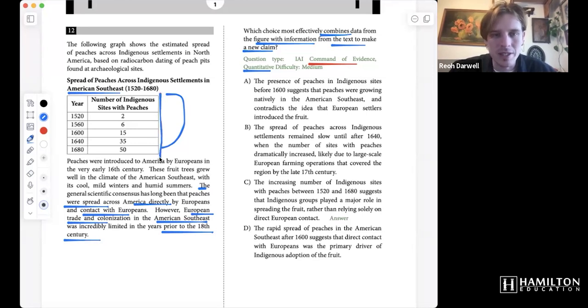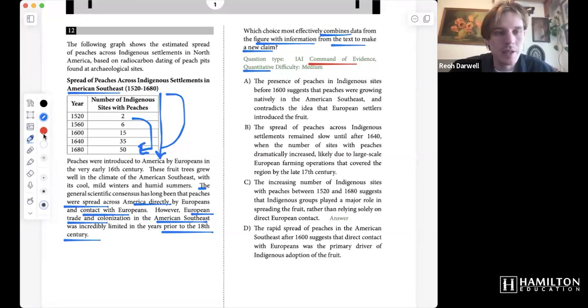When we look at the spread of peaches, we see a super big increase in the scope and scale of peach cultivation among indigenous sites, all before there was significant European influence in Southeast America. So it wouldn't make sense to say that the Europeans are spreading peaches directly, like the scientific consensus was, if there was a bunch of spread before 1700.